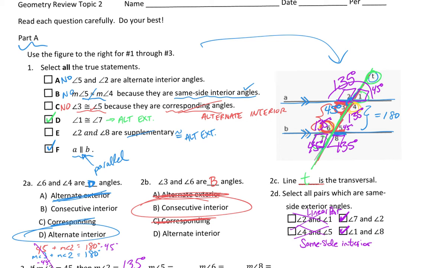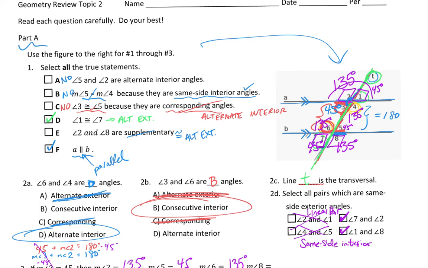I know it's become a total mess there. But angle 5 is going to be 45 degrees. It's alternate interior with angle 3, so I know that they're going to be the same. Angle 6 is the same side interior with angle 3, so it's going to be supplementary with angle 3, which means it adds up to 180 with angle 3.